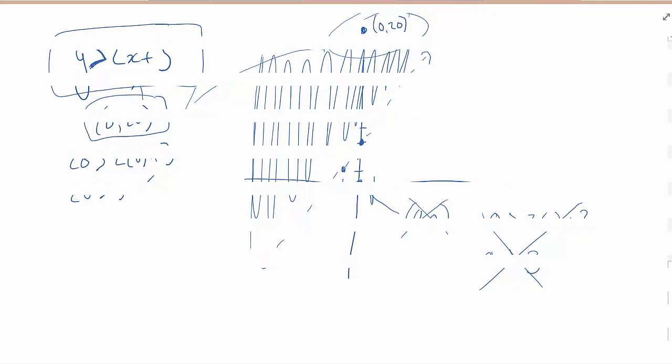Let's do another example. Let's graph the linear inequality 4x minus 3y is less than negative 12. Well, we'll start by putting this into slope-intercept form, and again, before we draw the line, we'll decide whether it should be solid or dotted.